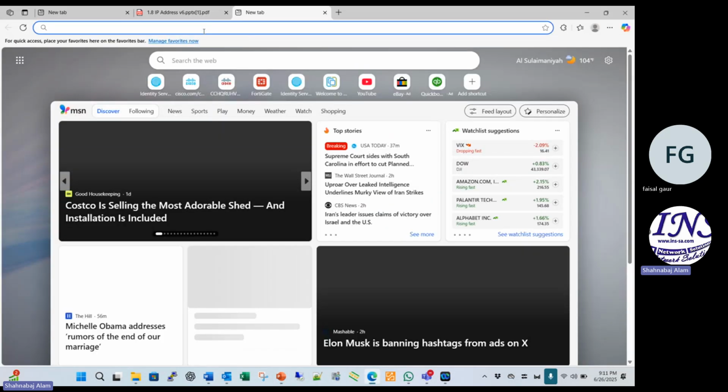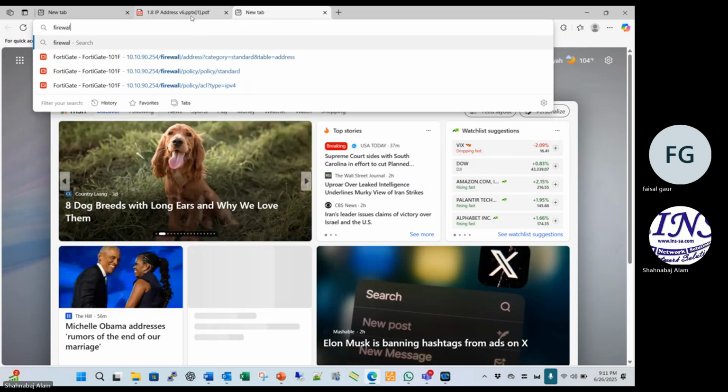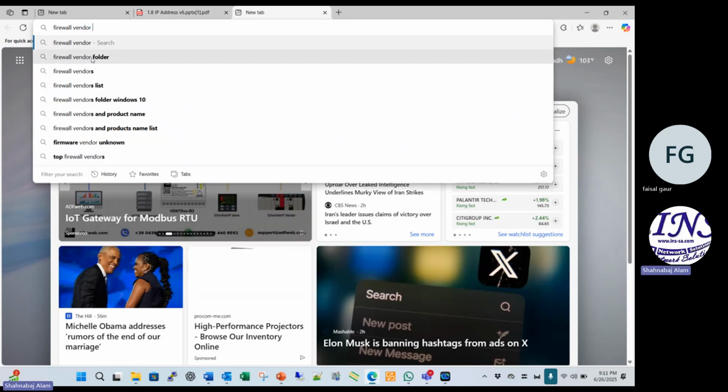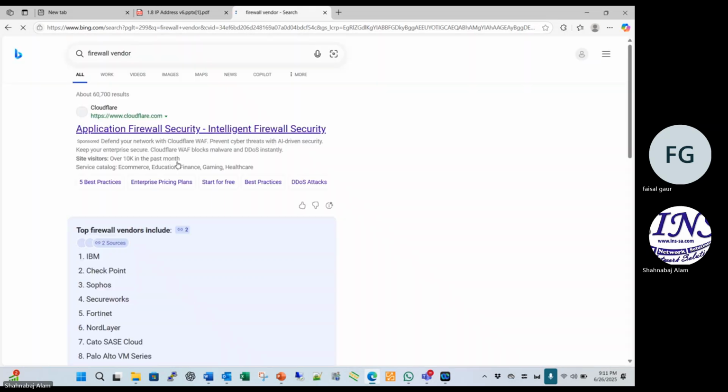One second. Firewall vendors. Checkpoint is leading right now in the network environment and the network industry.